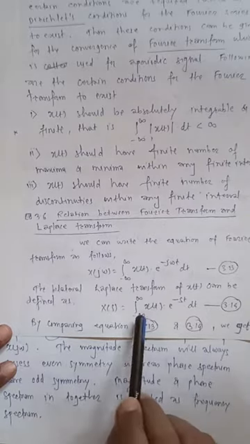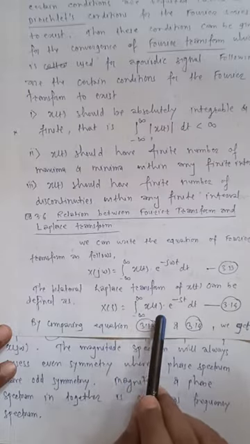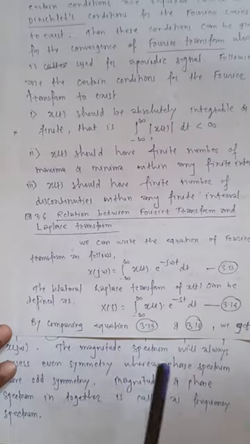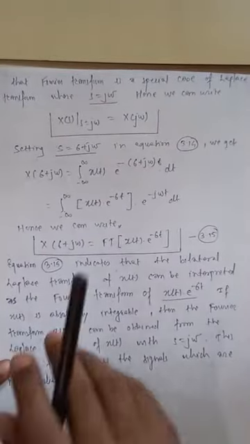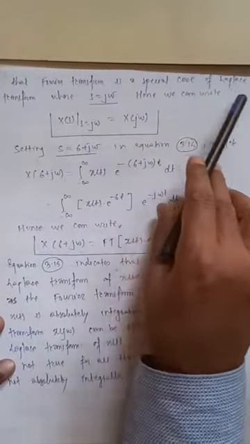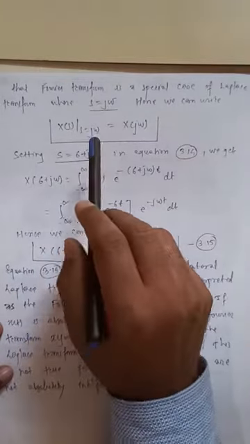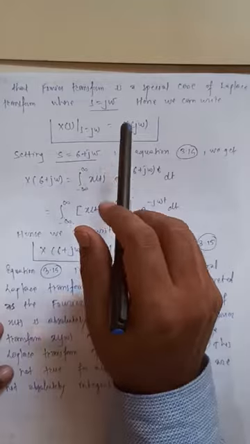So just see: integration from minus infinity to infinity of x(t) e raised to minus st dt. If you compare these two equations, you will find that the Fourier transform is a partial case of the Laplace transform, where s is replaced with j omega.